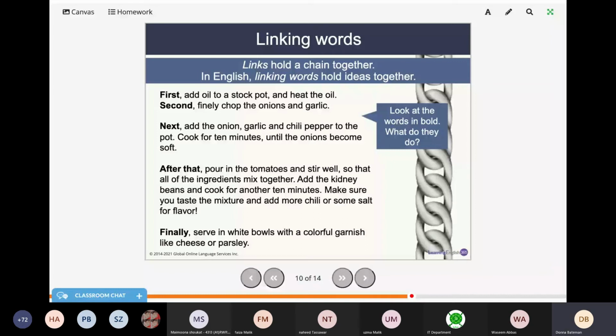Is it still the same idea, or are we moving on to a different subject? So they give us clues on how to navigate a text that we're reading. And in a recipe like this, it's actually being very clear to us. It's telling us very clearly what we do at each stage. So there's no confusion about when we do something.